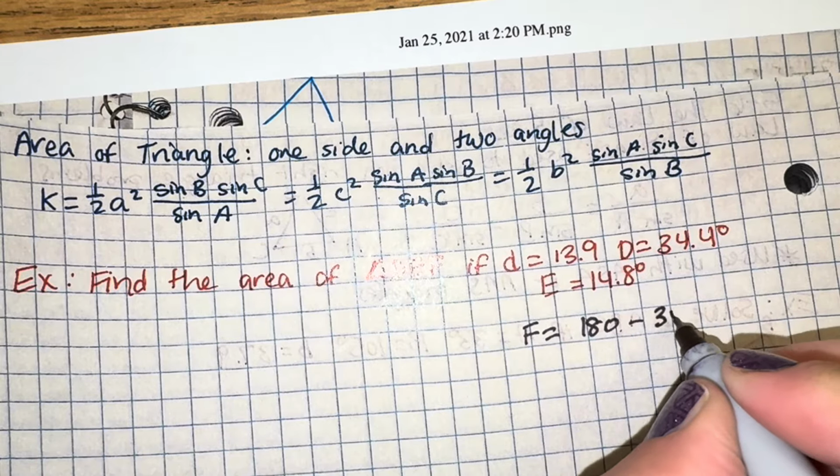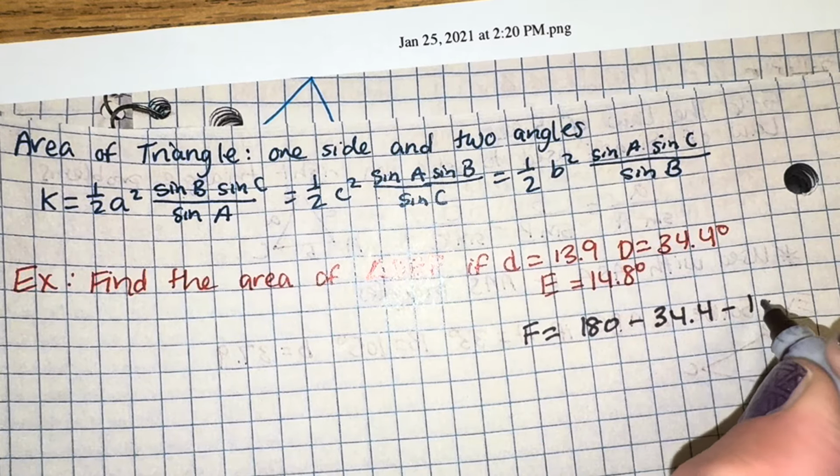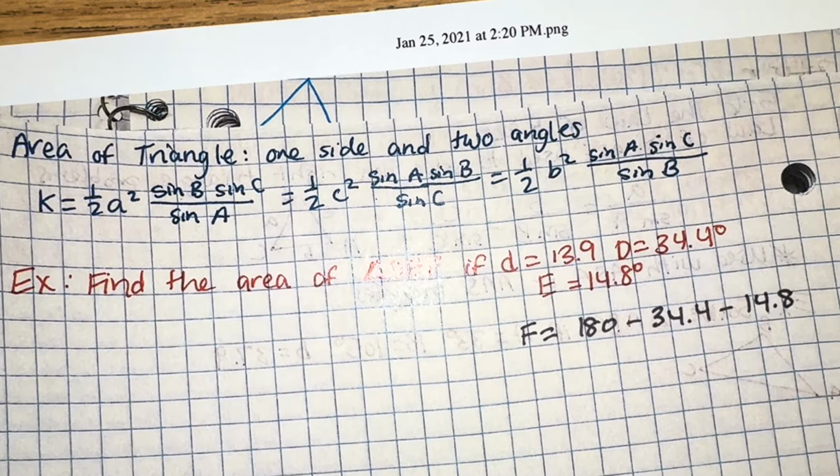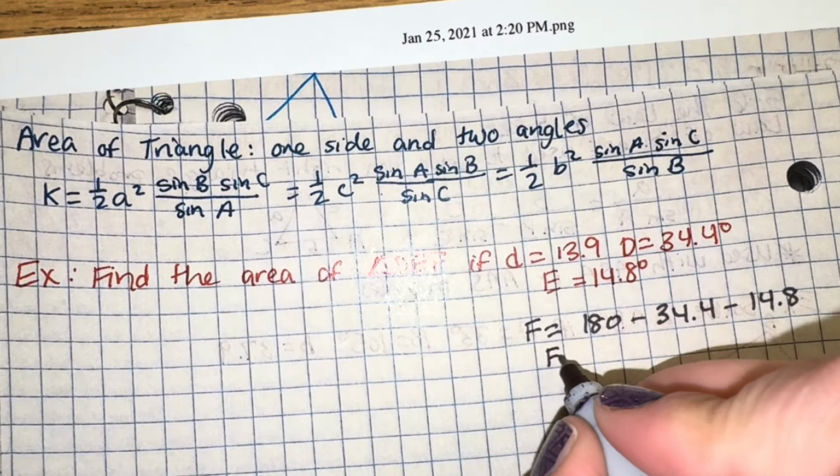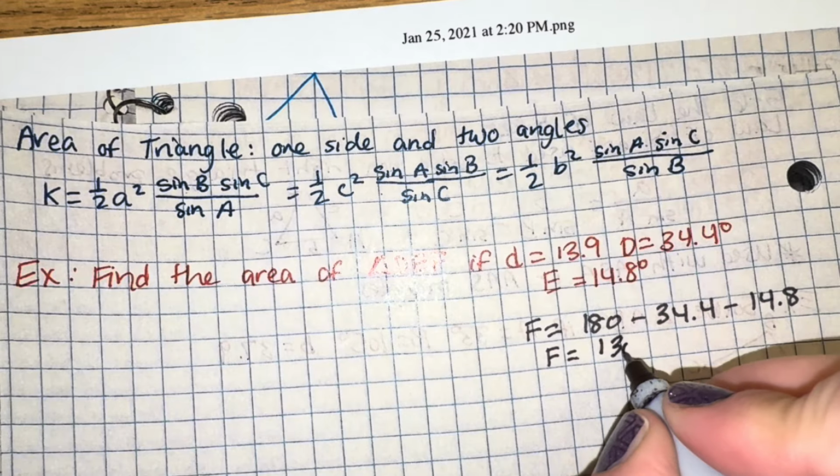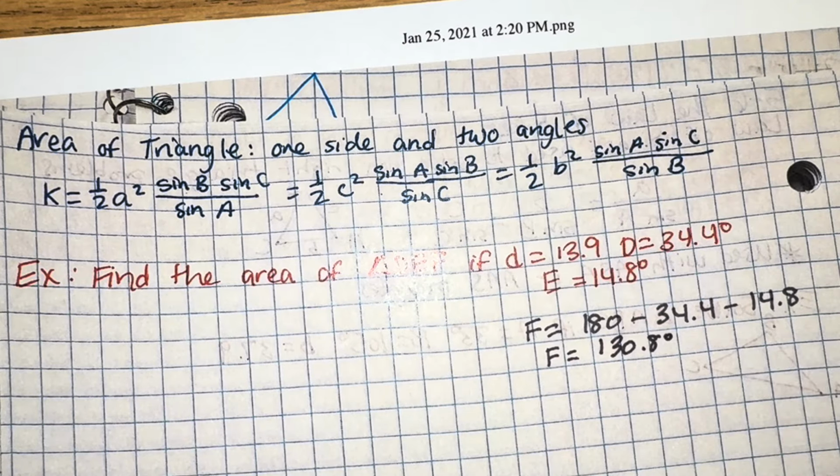So I need to find that. I'm going to take my 2 degrees and subtract them to find F. Okay, so that's an F of 130.8 degrees. Now I'm going to plug these into my equation.